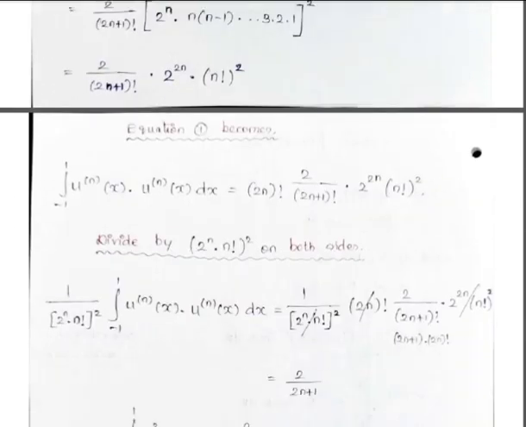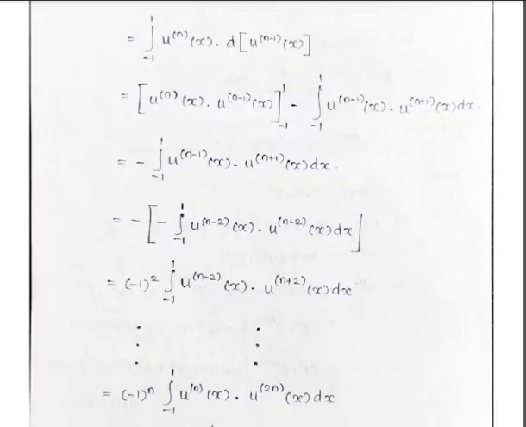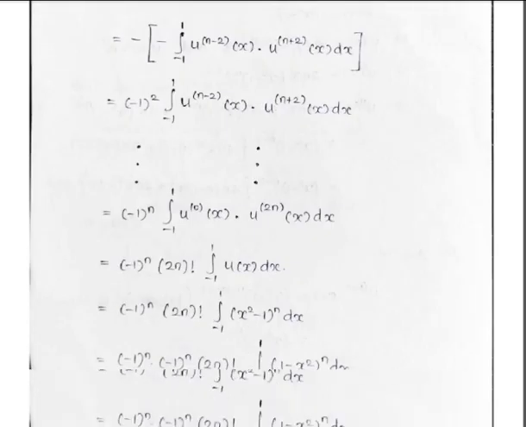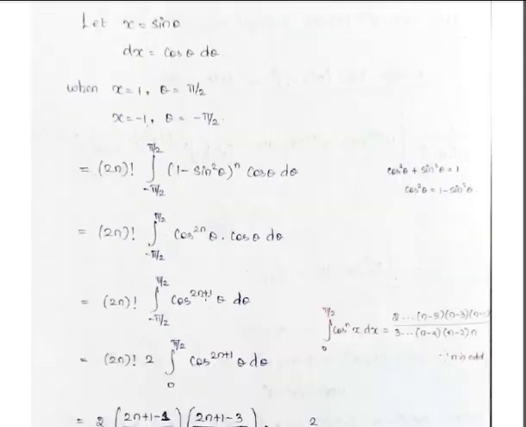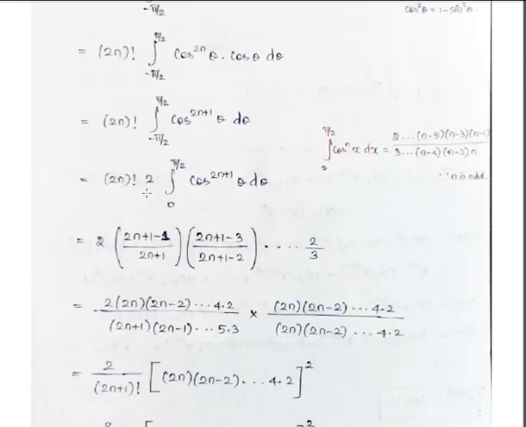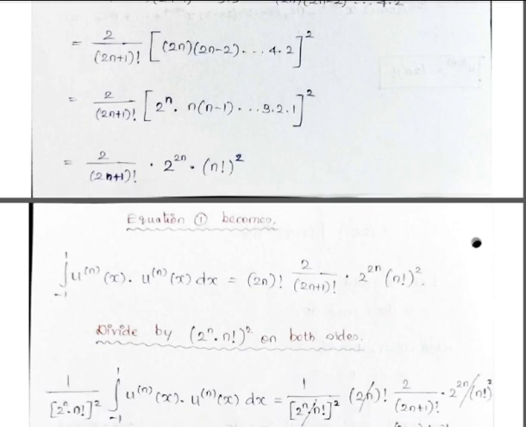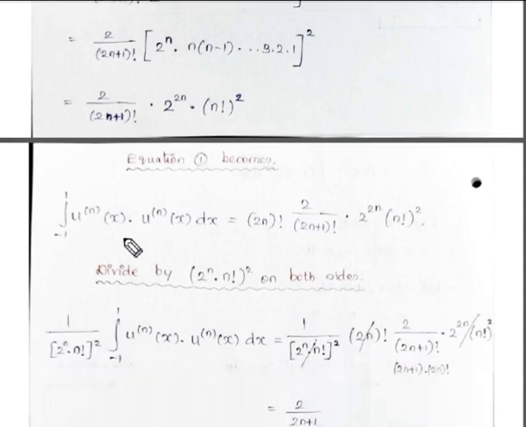equation number 1 becomes, okay, what is equation number 1? This is equation number 1, and see here, 2n factorial also is there, so we also add this finally. What becomes the solution of the integral of u power nth derivative of x into u power nth derivative of x dx equal to this?